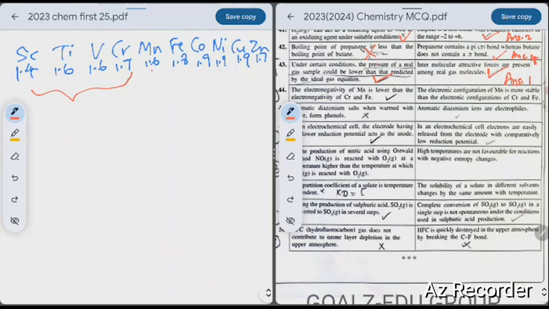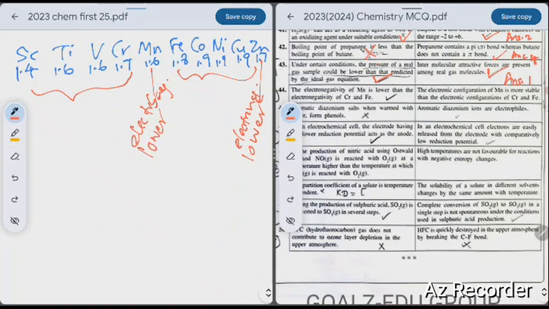But the electronegativity has dropped in manganese. Then again from iron to zinc, electronegativity has increased, but at zinc electronegativity is dropped, or we can say it is lower.